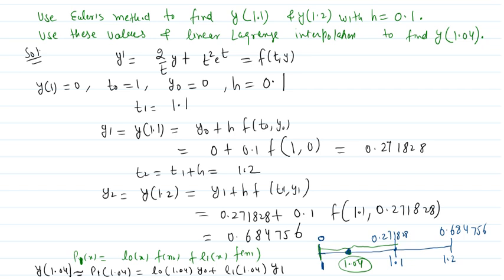Okay, so now write precisely the values of L0. So L0 will be (x minus x1) 1.1 divided by (x0 minus x1) multiplied by y0. The good thing is y0 is 0, so no need to write it.